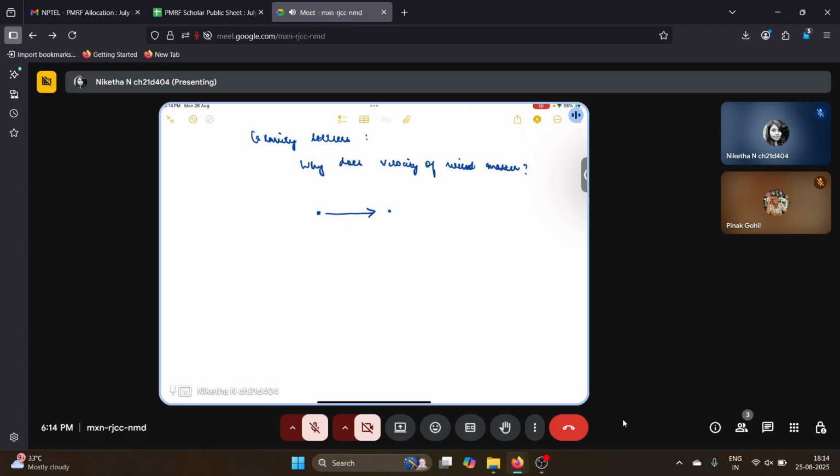And when there is no wind or when the wind velocity is very less, what will happen? It tends to come down. So instead of going along with the direction of the wind, it will tend to settle down.